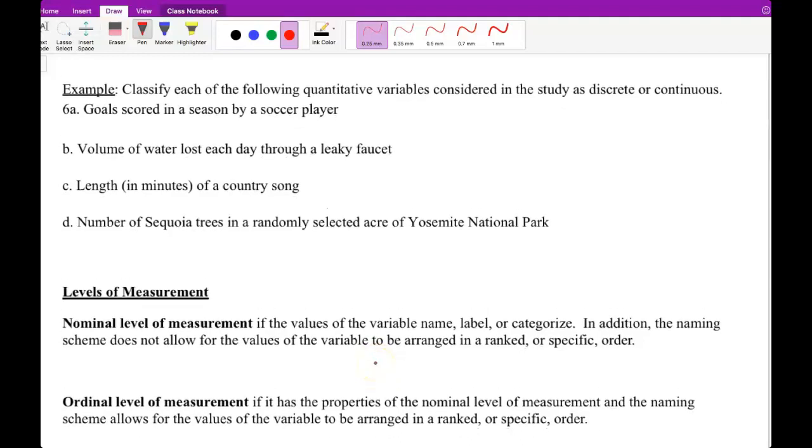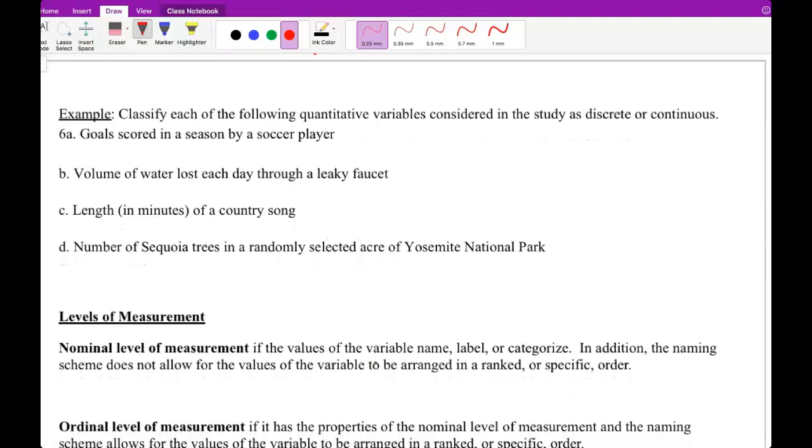Okay, next page. Other example: classify each of the following quantitative variables considered in a study as discrete or continuous. We want to see if these are finite or infinite. So this is finite, and this one infinite.